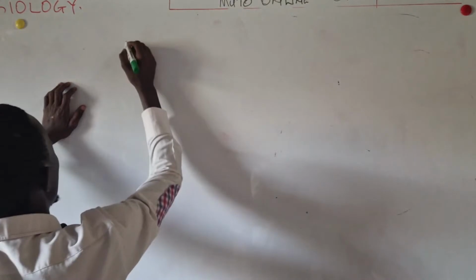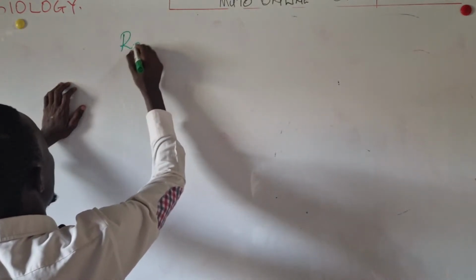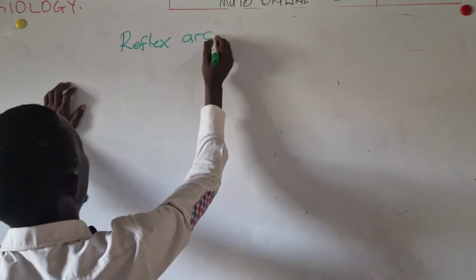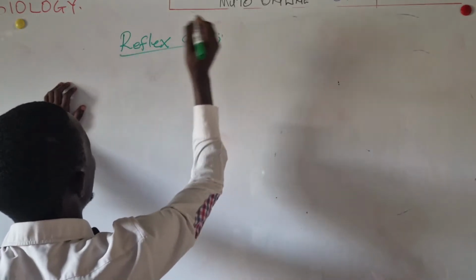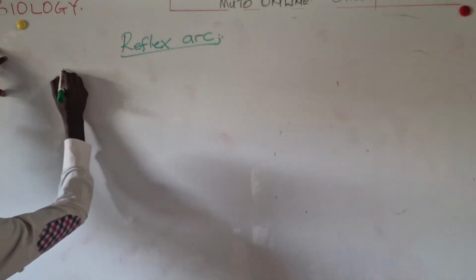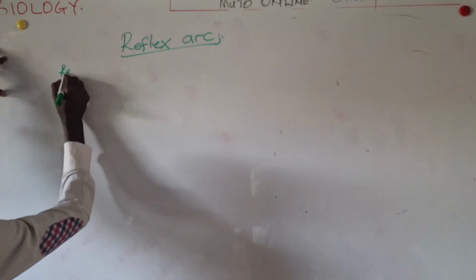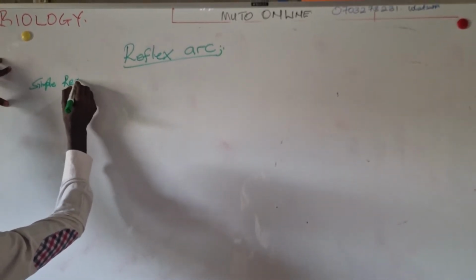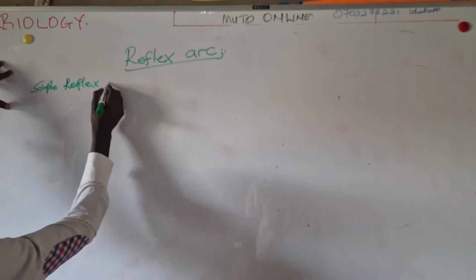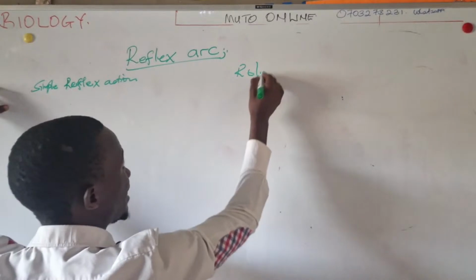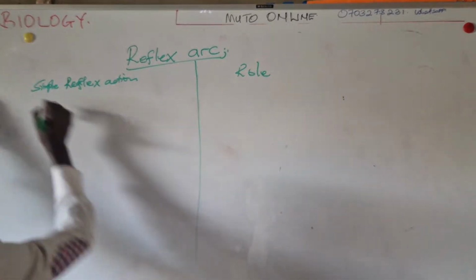That can push us to what we call the reflex arc. But before we go into that detail of the reflex arc, can I know any simple reflex action and the role it plays, from your people?